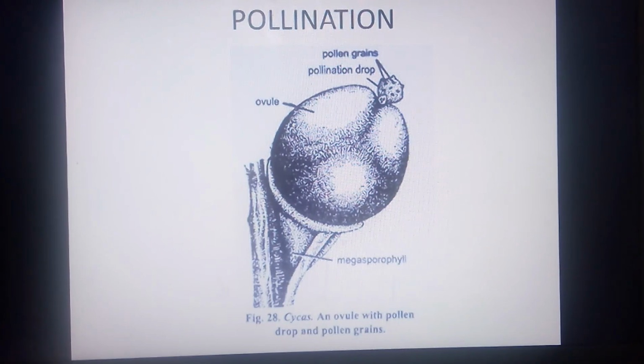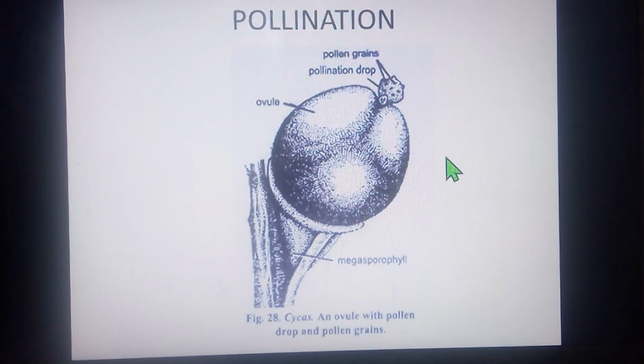Now pollination: the pollen grains, that is the microspores, are liberated from the microsporangia at a three-cell stage. That one I had already mentioned.